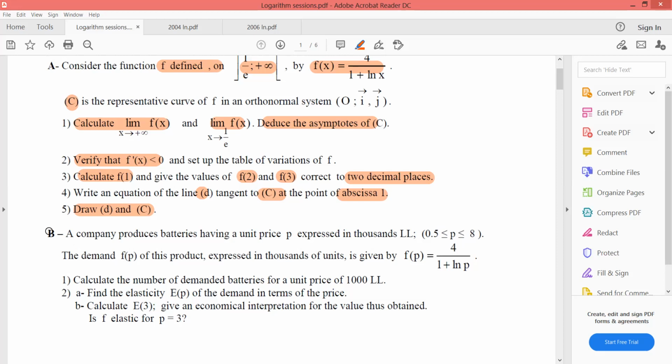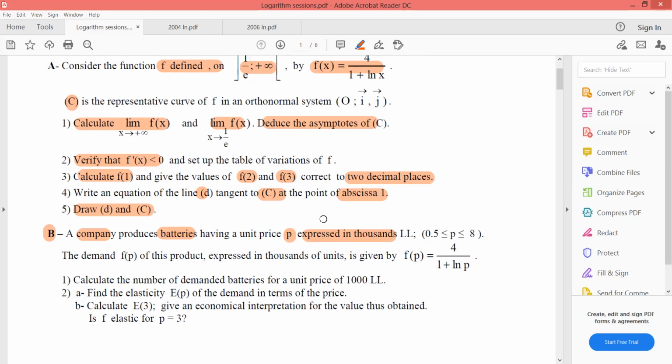Now part B, which is the economic part. We have a company that produces batteries, having the unit price P expressed in thousands. Always, always, always you have to pay attention to the unit.